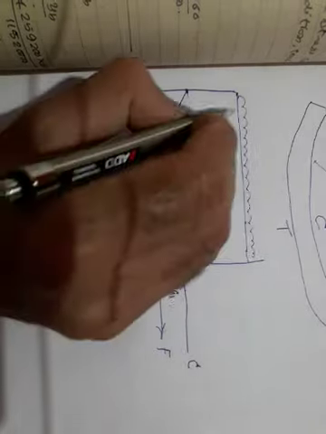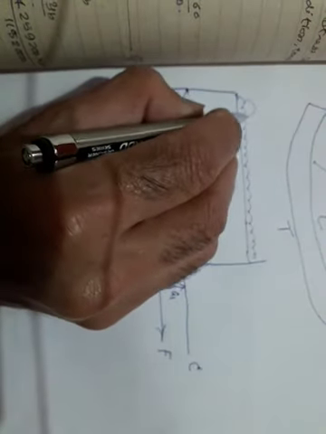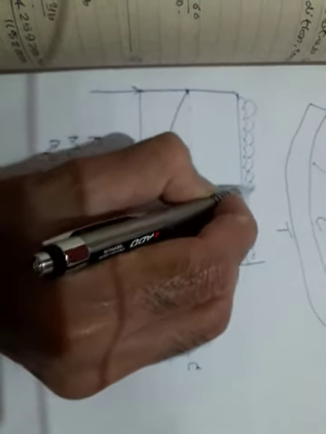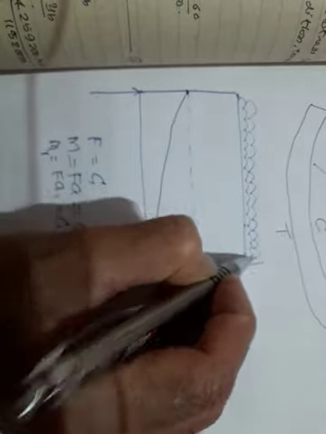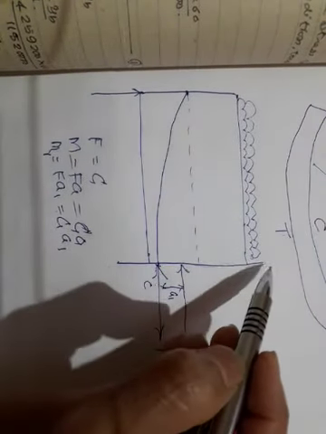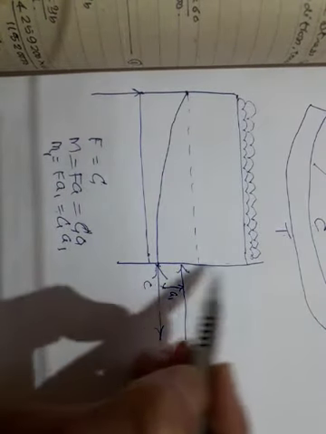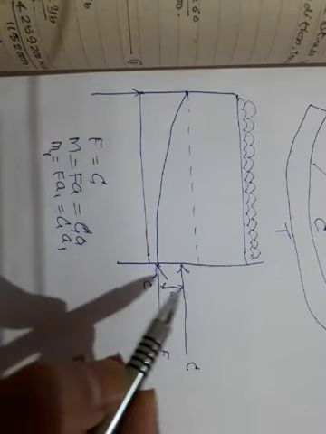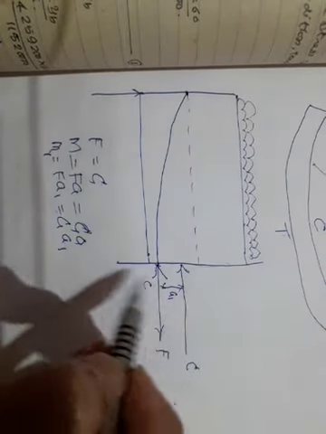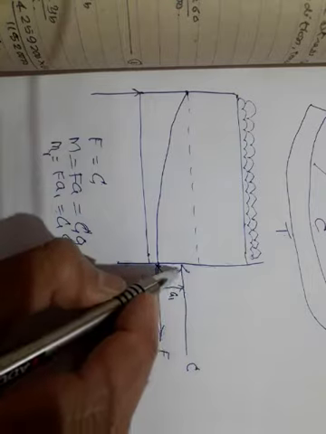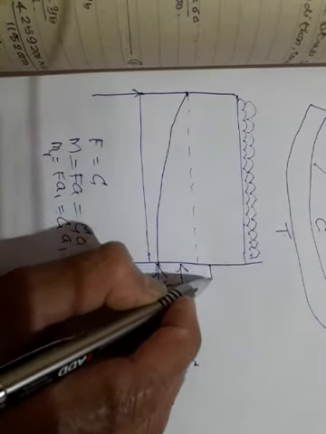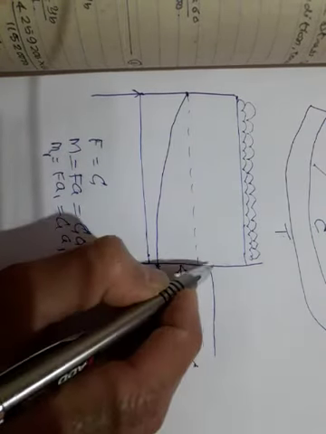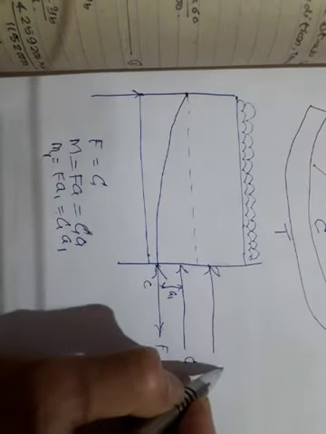Now assume that I am applying still more load, I have increased the load further. So now the bending moment at this cross section is different. It will increase. So to resist this increased bending moment, again your C force will start shifting up, developing a new lever arm.